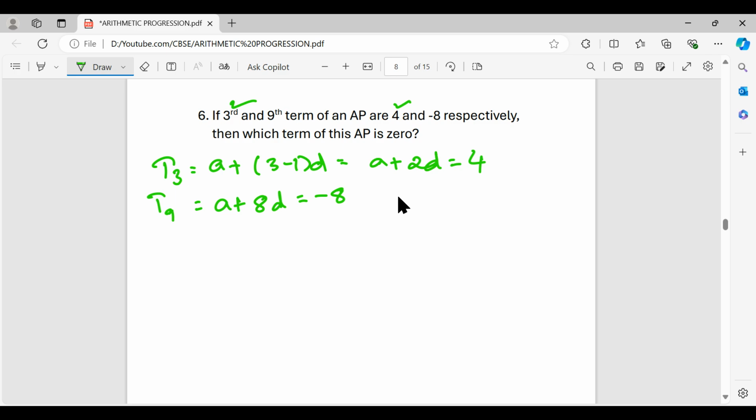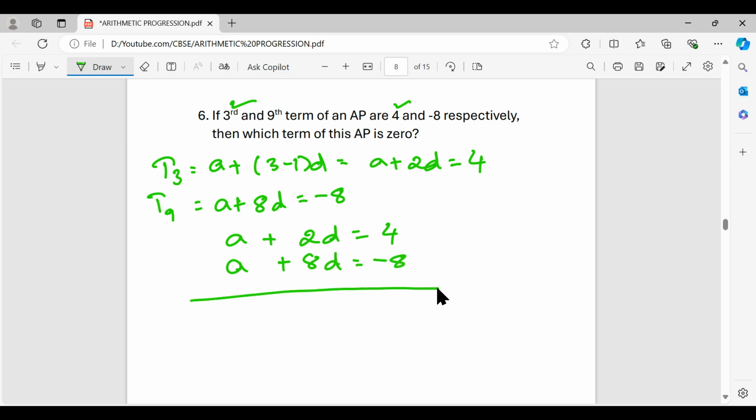So what we can do is find the value of a here, and then we will find the position of 0. You have a plus 2d equals 4, and then a plus 8d equals minus 8.